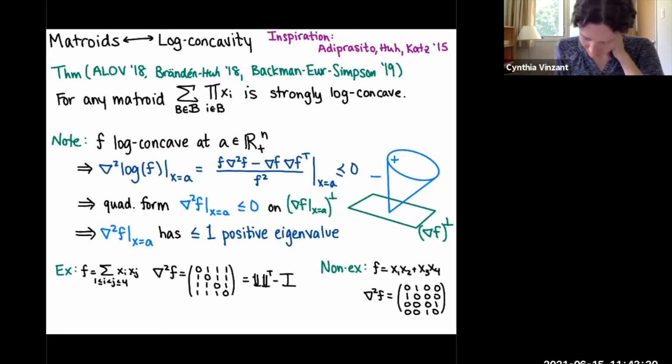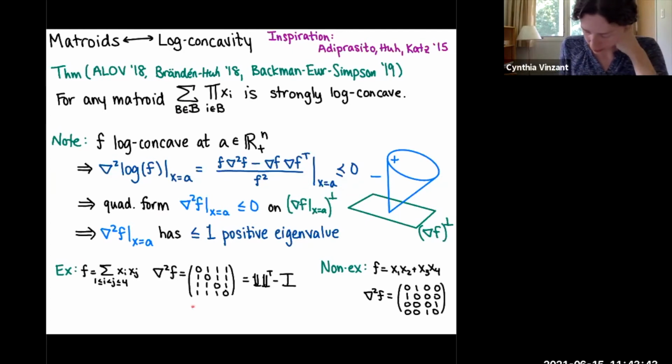And so just as an example of this theorem, for our little rank 2 matroids, we said that the degree 2 elementary symmetric polynomial in 4 variables is the basis generating polynomial of a matroid. It's quadratic, so when we take its Hessian, we just get a constant matrix.